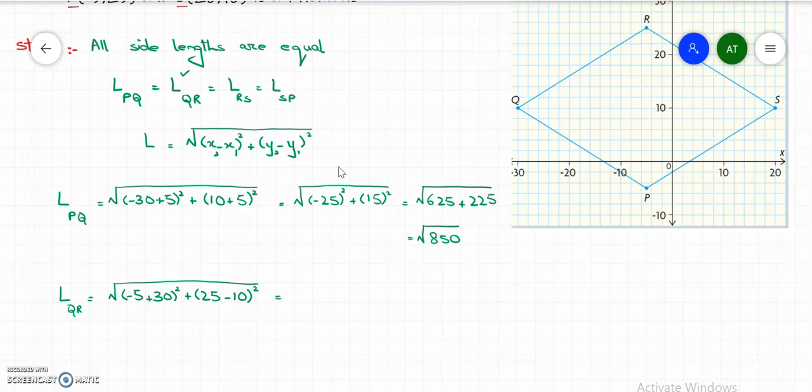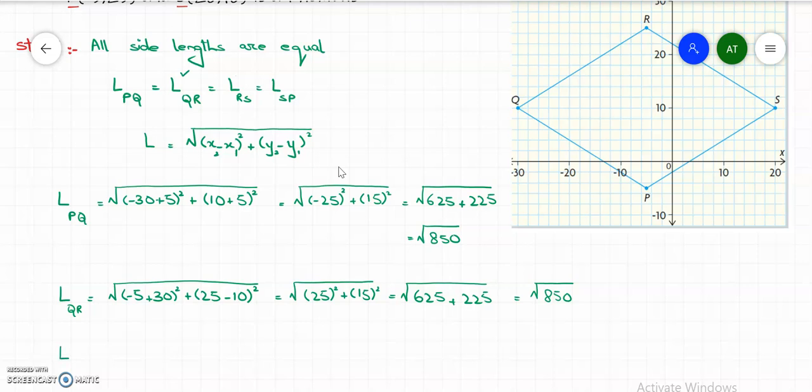So that would be 25 whole square plus 15 whole square. That is again equal to the square root of 625 plus 225, which is equal to the square root of 850, right? So the second side length is also equal to the first one. Let's go to the third side length.